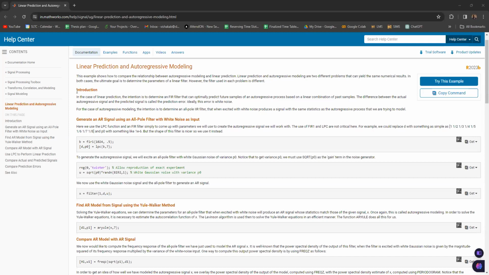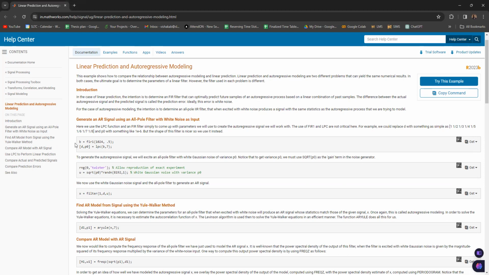So this is a page on the MathWorks MATLAB website. It is about linear prediction and autoregressive modeling. We were talking about this autoregressive modeling, AR processes, at the end of the last session.